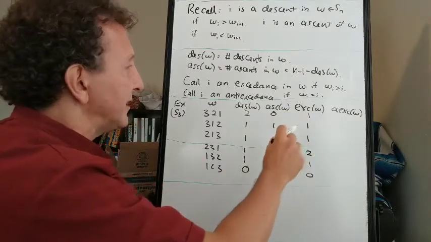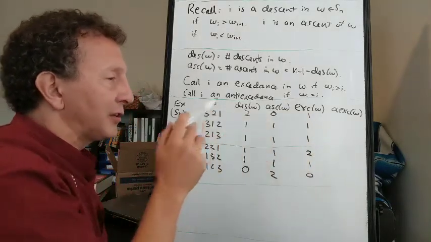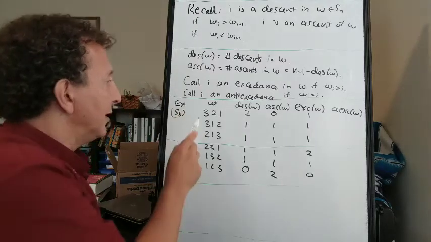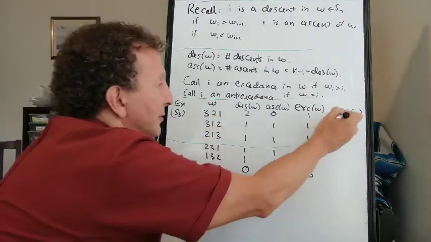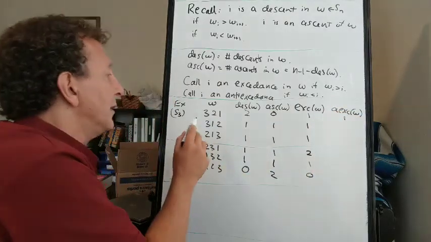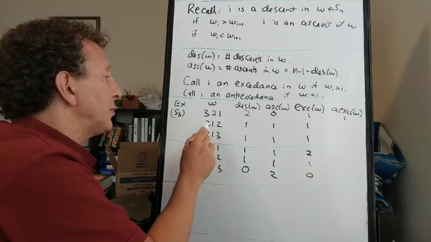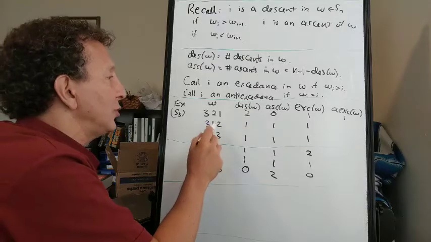So for the number of anti-exceedances, now we're looking for letters that are smaller than their position. 3 is not smaller than 1, 2 is not smaller than 2, but 1 is smaller than 3. 3 is not smaller than 1, 1 is smaller than 2, and 2 is smaller than 3.